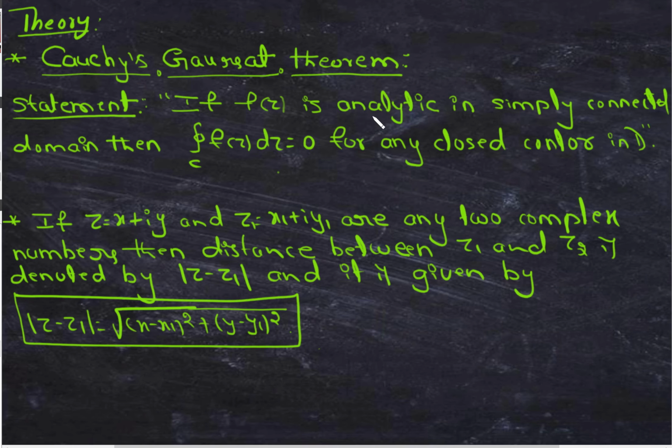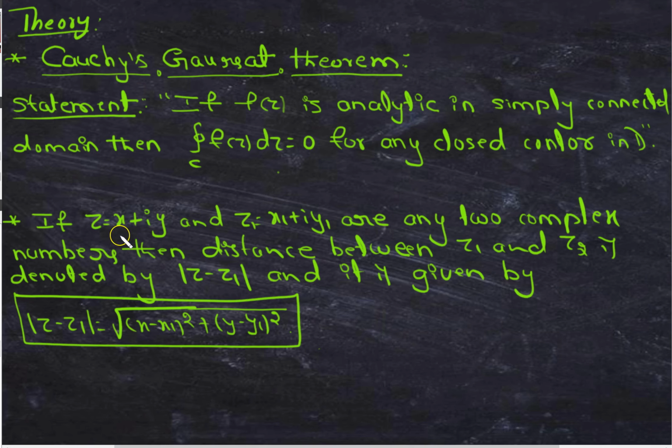That function is differentiable everywhere in the given domain, and we call f(z) analytic. If f(z) is analytic in a simply connected domain, then the integral of f(z) dz over any closed contour in that domain D is equal to 0. Simply, if f(z) has no singular point in that region, then f(z) is analytic, differentiable everywhere. This is one part.